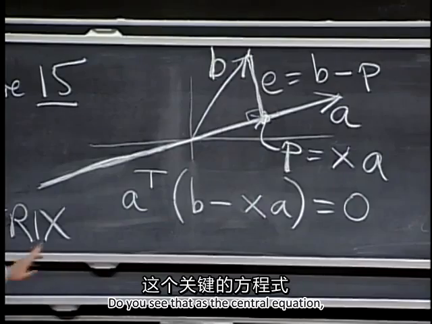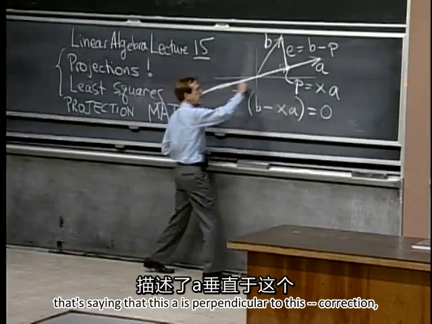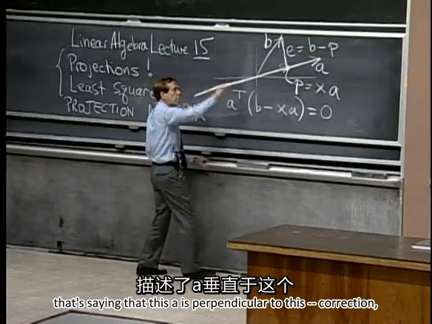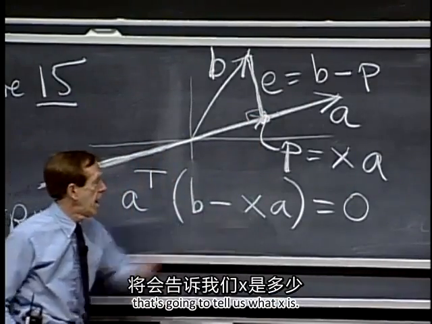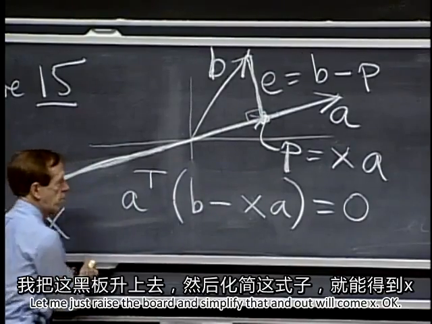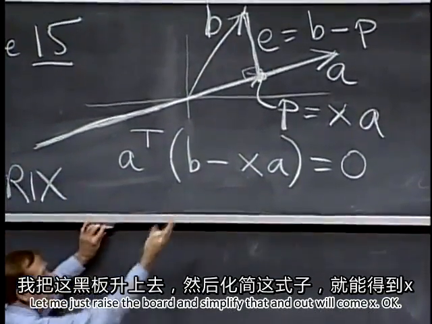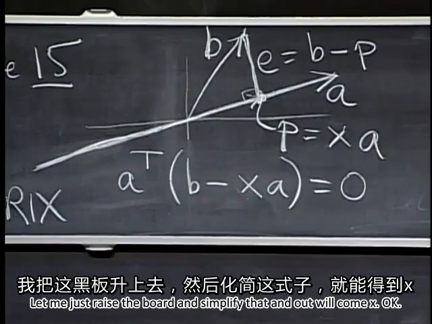You see that as the central equation? That's saying that this A is perpendicular to this correction. That's going to tell us what x is. Let me just raise the board and simplify that, and out will come x.